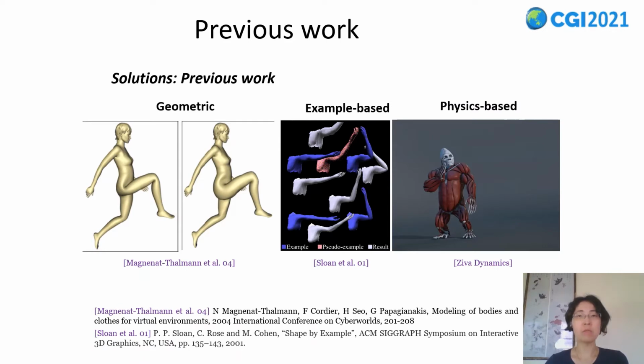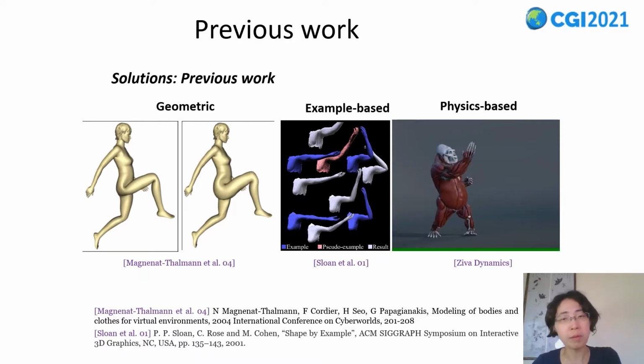A large body of previous work has been devoted to proposing solutions to these problems, which can be categorized into geometric, example-based, and physics-based methods. Geometric methods propose to replace the matrix representation of rotation by mathematically more desirable representations such as quaternions or log matrices, while keeping the simplicity of the linear blending scheme.